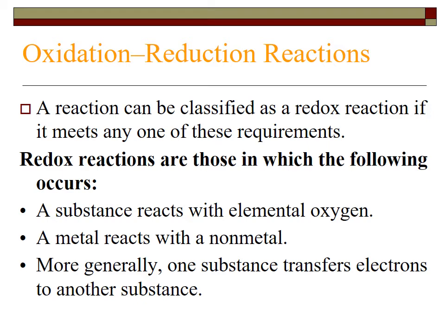The electron goes from my sodium to my chlorine. I'm having a transfer of electrons, so in this case this is a redox reaction. And more generally, when one substance transfers any electrons to another substance, when we have that transfer of electrons, we're going to have a redox reaction.